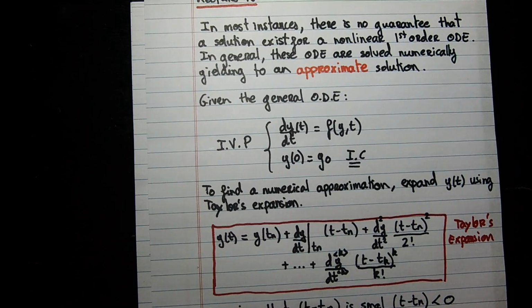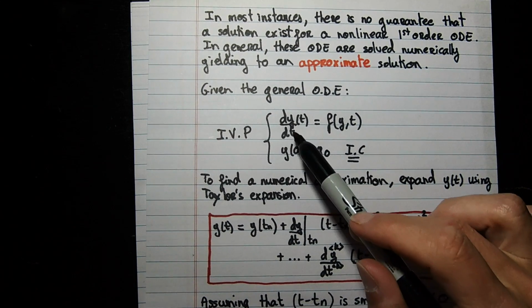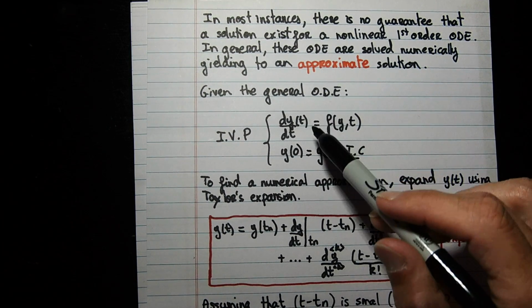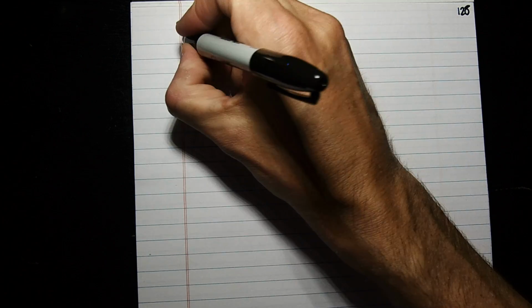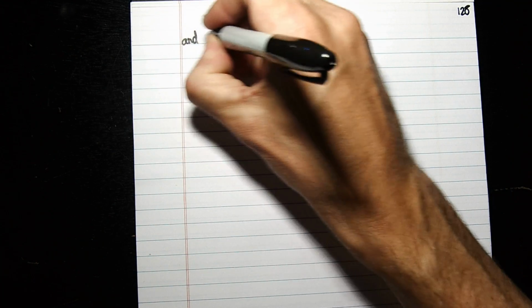Okay, so if we know the Taylor expansion for y of t here, what is our differential equation? It is dy/dt. So let's see what would be the second term approximation for dy/dt.